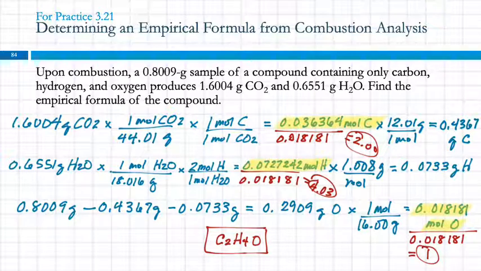So we find the mass of the oxygen by difference. So this one here is my original sample. This is my mass of carbon from over here. And this is the mass of hydrogen from over there. The difference is the mass of oxygen. Anybody else?